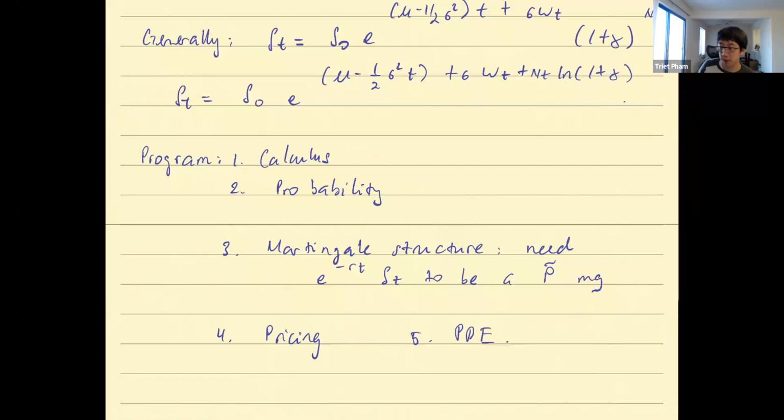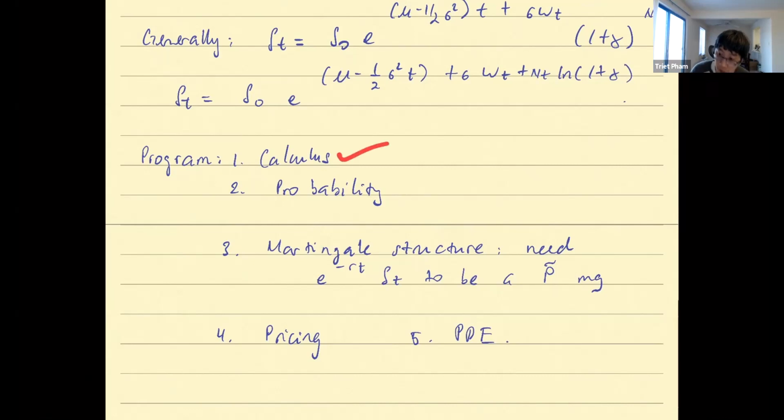Sometimes I jump forward, sometimes I jump backward, to make connections. But these 5 components make up the understanding of pricing of any model. Any product. You could look at bond pricing or foreign exchange pricing in the same way, except of course whatever that is has to be a martingale, you have to look into it. But if you keep this structure in mind and see how the presentation goes, you know exactly what is being discussed at which time.